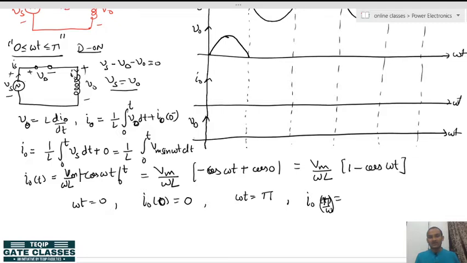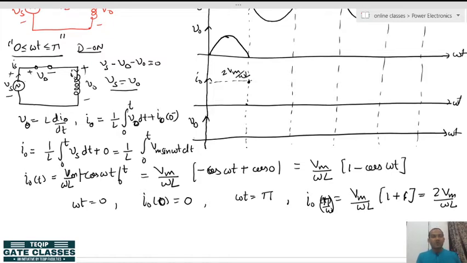If you consider this I naught at pi by omega, it is Vm upon omega L times 1 minus cos pi, and since cos pi is minus 1, minus minus becomes plus. So, 1 plus 1 means the I naught value will be 2 Vm upon omega L. So, at the pi instant the value is 2 Vm upon omega L. Let us say this is the 2 Vm upon omega L point.